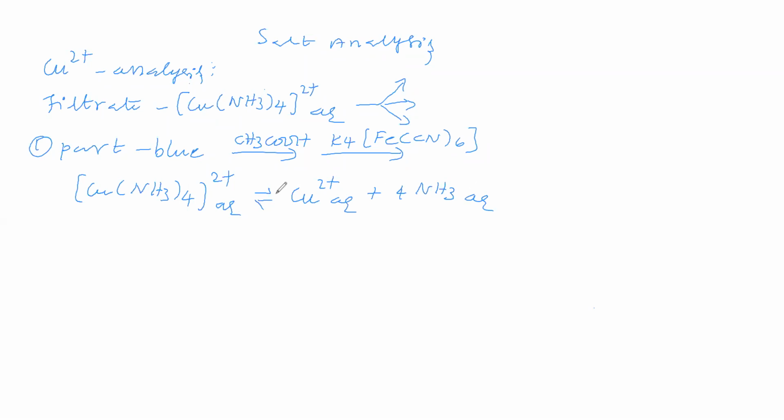This equilibrium is present in this filtrate, which has a deep blue color. To this filtrate, you added acetic acid. This acetic acid reacts with ammonia to give a salt. The salt is ammonium acetate.